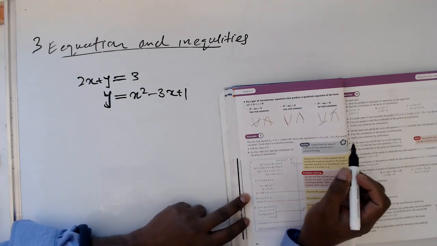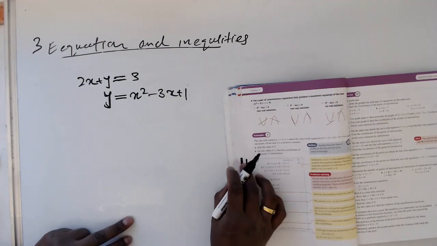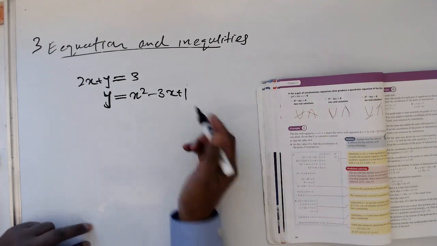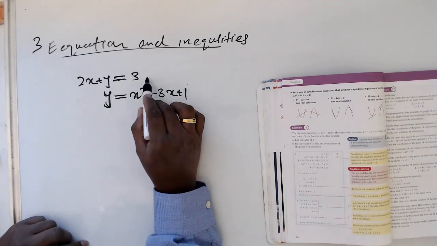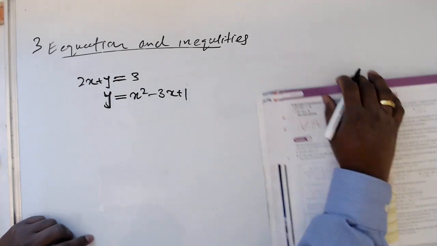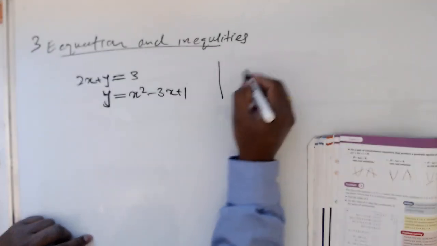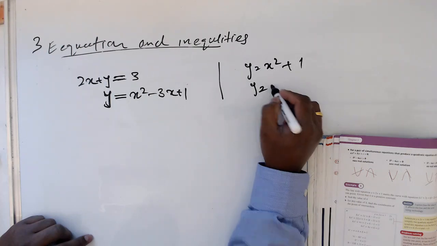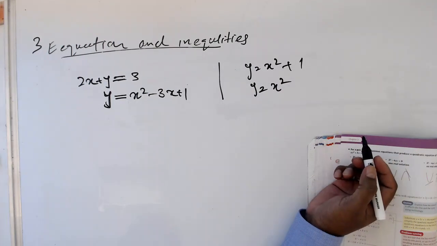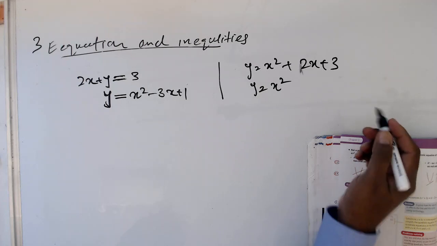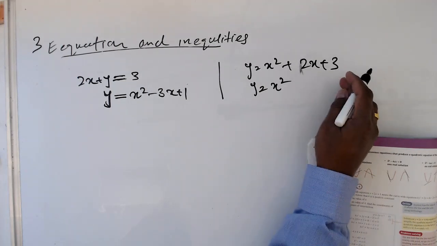So when we have a pair of simultaneous equations that produce a quadratic equation. Now, this is a pair of simultaneous equations that produce a quadratic equation. But this is also a pair of quadratic equations. Okay, I'll put 2x plus 3. That doesn't produce a quadratic equation.